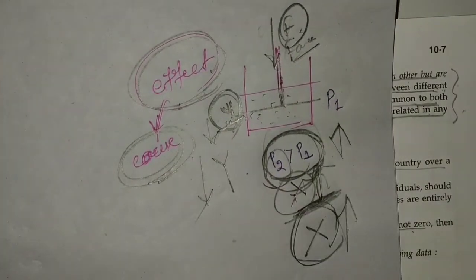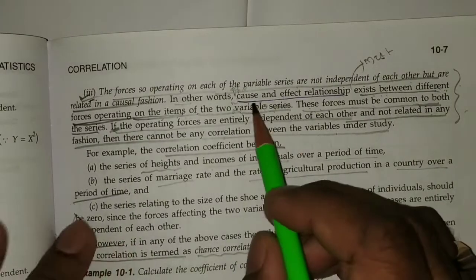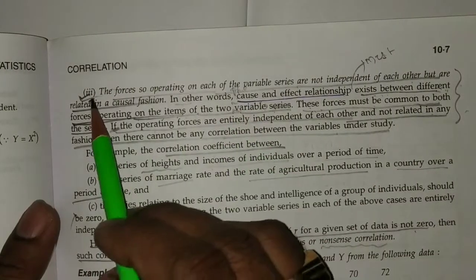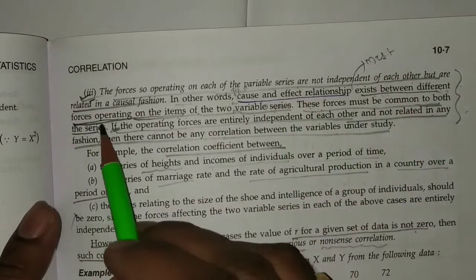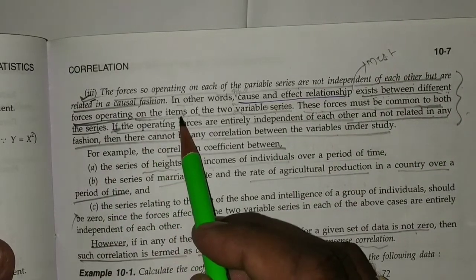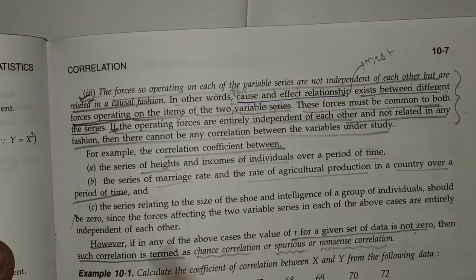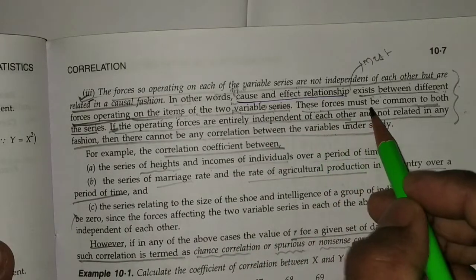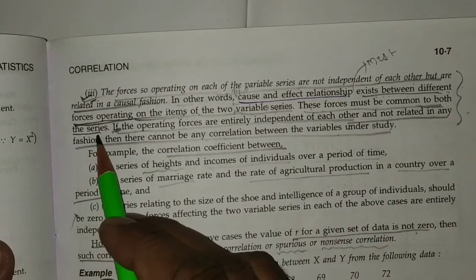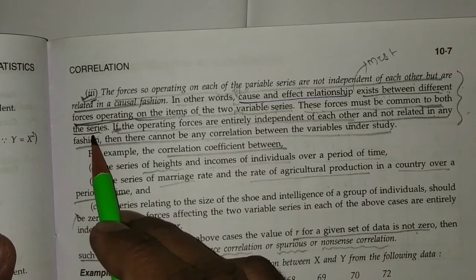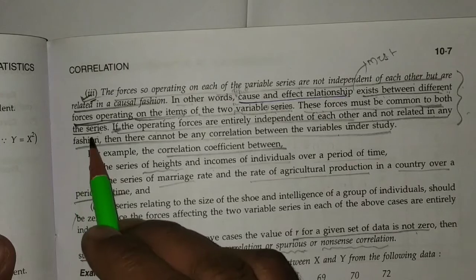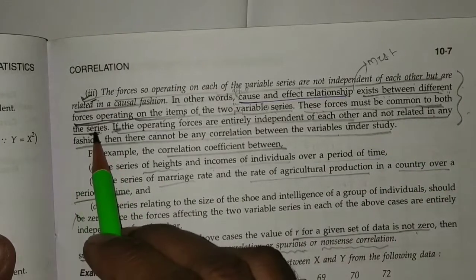Okay, so here again I tell you that for the third point you have to write that the cause and effect relationship must exist between different forces operating on the items of two random variables. Then these forces must be common to both the series. Here series means nothing but the values of the random variables.